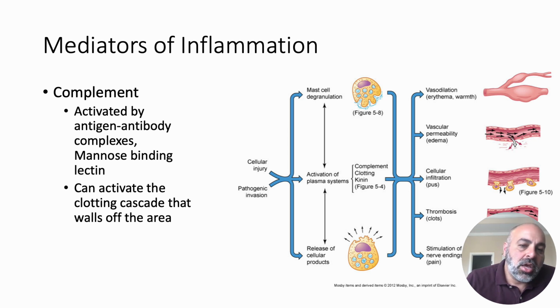So, mediators of inflammation, here we talk about complement. Complement are these proteins that are floating around in our bloodstream that, when activated, can do several things for us. They can cause vasodilation. They can kill bacteria. They can increase opsonization. There are populations out there that have deficiencies in complement.